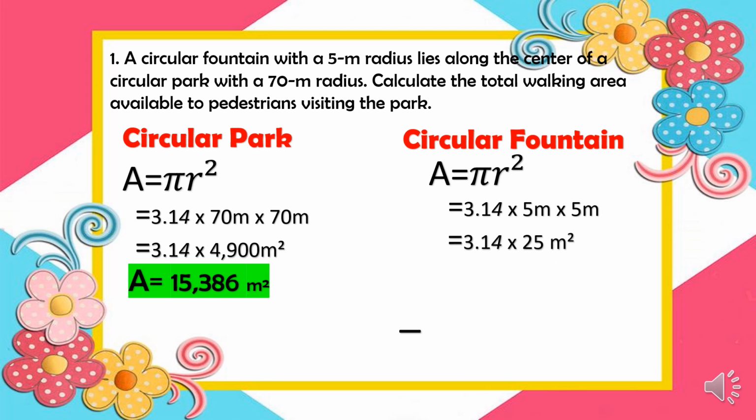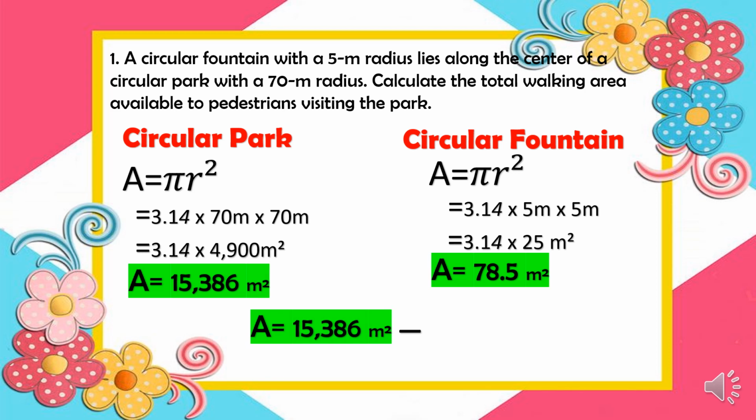When we multiply 5 times 5, the answer will be 25 square meter. So that means the area of the circular fountain is 78.5 square meter.